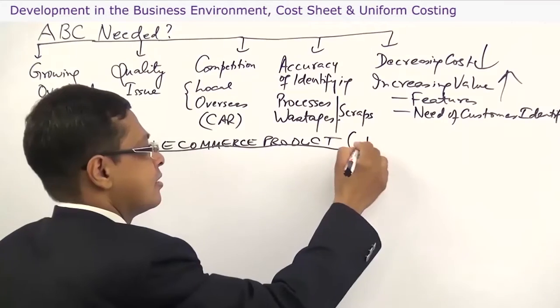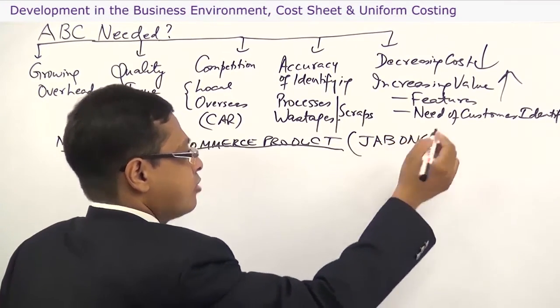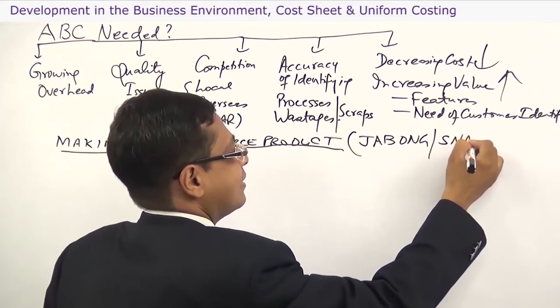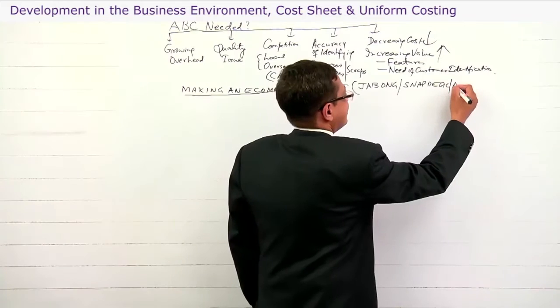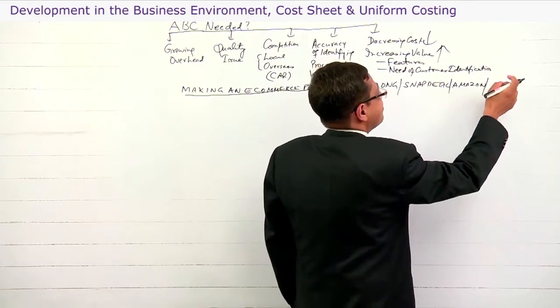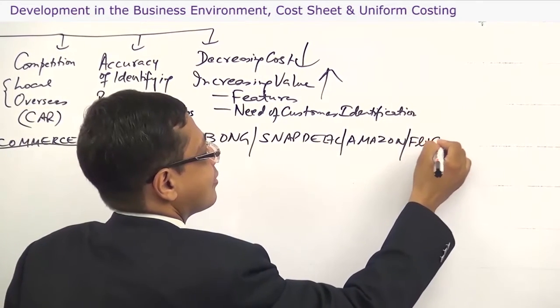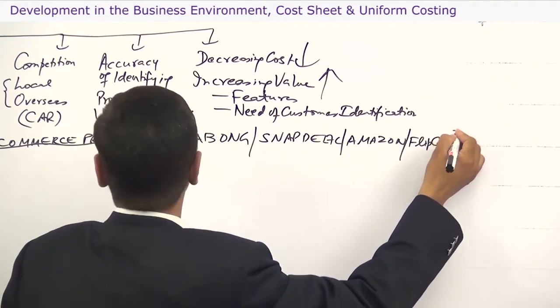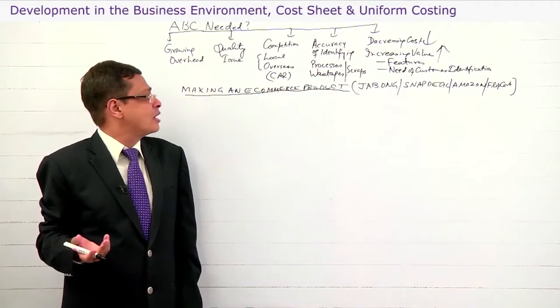You must have heard the name of Jabong, or Snapdeal. The latest to come in India is Amazon, and the hype in the market is created by Flipkart. So what they all do is sell different products through a website.